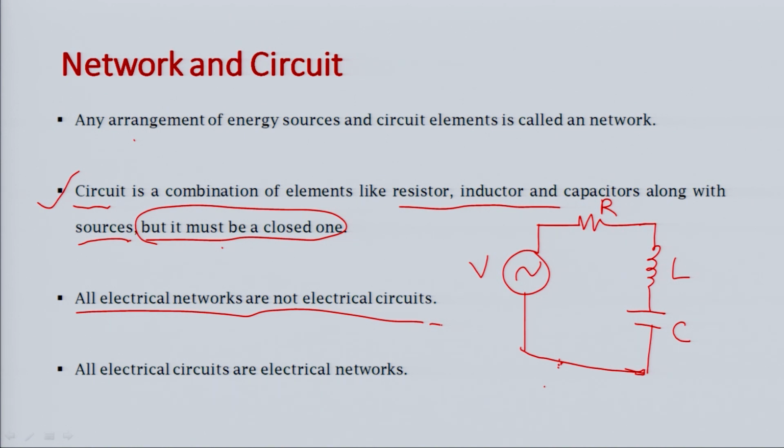But since it is now a circuit, it also verifies the condition that it is an arrangement of energy sources and circuit elements. So all electrical circuits are electrical networks, but all electrical networks are not electrical circuits, right. So this is the basic difference between a network and a circuit.